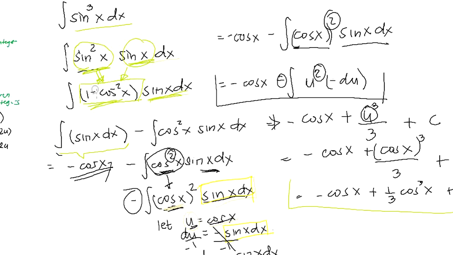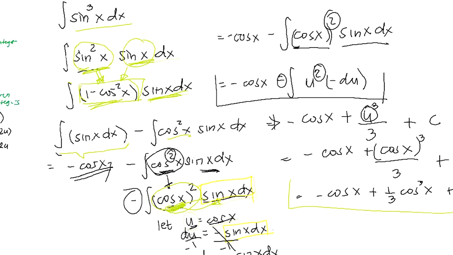Then finally, we can now distribute sine x dx to this whole term here, and we saw that after the distribution, the integral of sine x dx is just negative cosine x, and the integral of this cosine squared x sine x dx here can be found using the change of variables, wherein we let u equal to cosine x, because we notice that if we let this as u, this whole term here is just the derivative of this one.